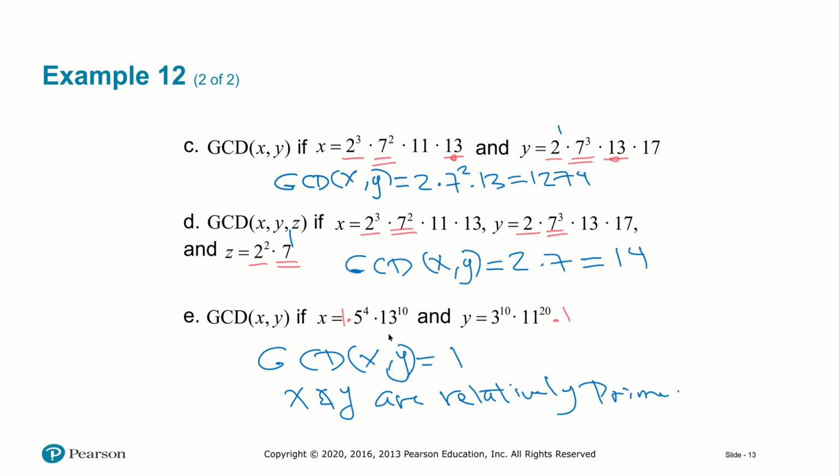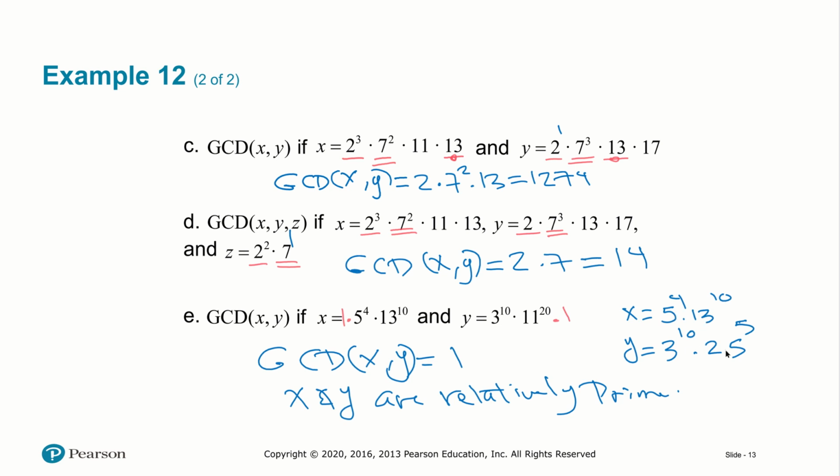Be very, very careful before you make this determination that these are all prime factors, okay? Because, for example, if somebody gives you x equals 5 to the 4 times 13 to the 10 and another number 3 to the 10 times 25 to the 5, for instance, be very careful.